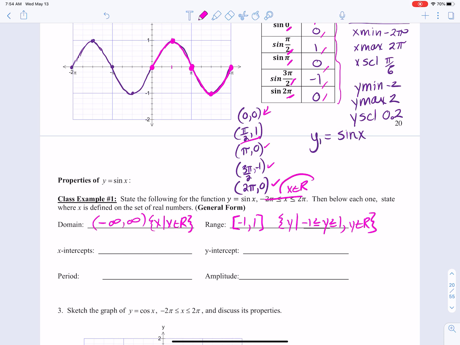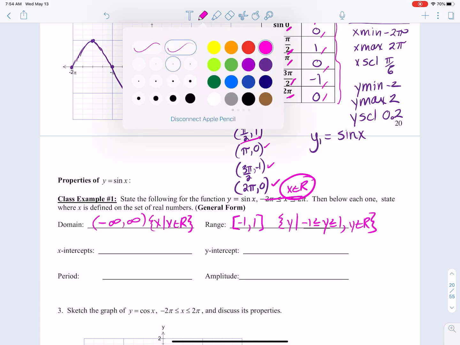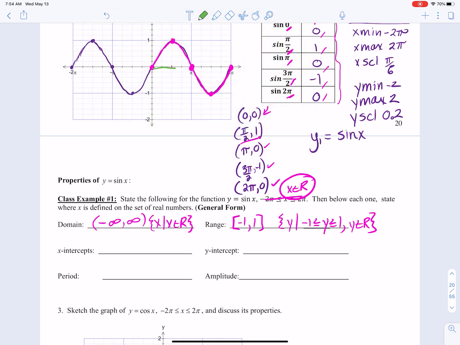Now, my x-intercepts. Because we're dealing with a domain of all real numbers, I've got to talk about the x-intercepts over the entire domain. And this kind of links into what you've been doing with coterminal angles and general solution. So my x-intercepts happen every pi, if you look at it left and right.